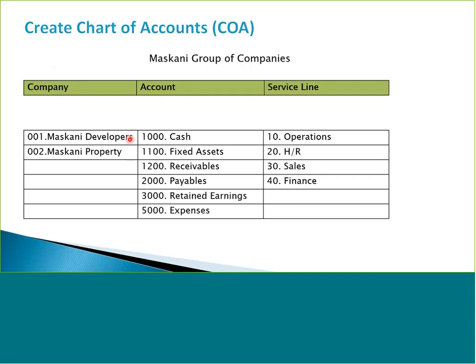So those are the two mandatory segments in a chart of accounts, the balancing segment, and the natural account segment. The best practice is usually to have company as the balancing segment. You can have another segment labeled as your balancing segment, but best practice is usually company, so that journals are balanced by company.